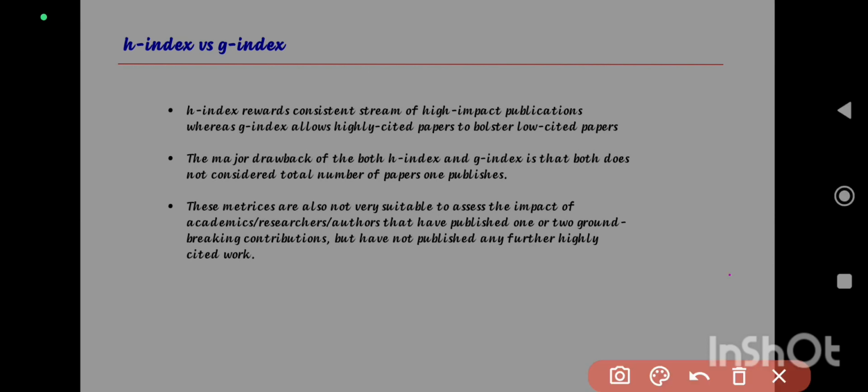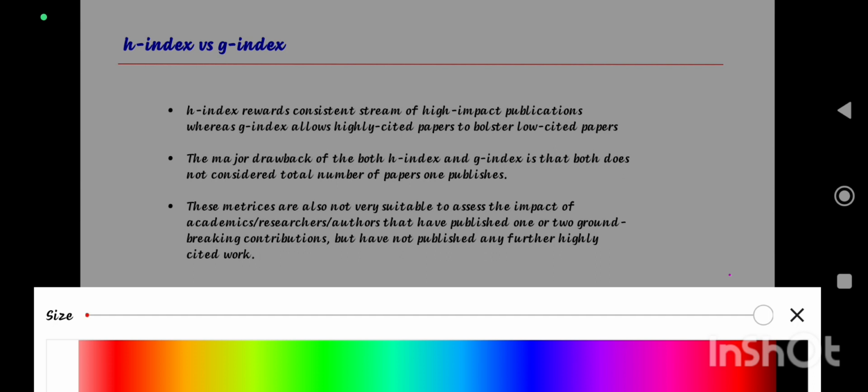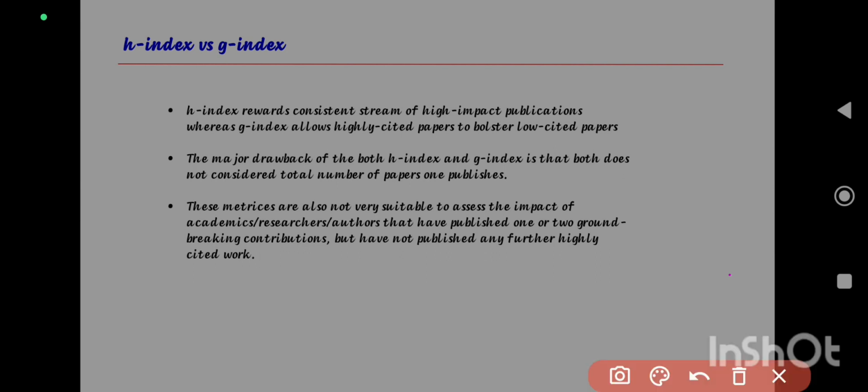The major drawback of both H index and G index is that both do not consider the total number of papers one author publishes.